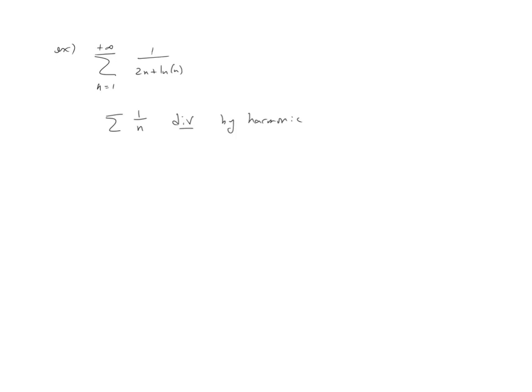All right, so now for the limit. As n goes to positive infinity, the original over the one that we came up with. And much like the last one, I'll just kind of flip this guy around. That's going to be the limit as n goes to positive infinity of n over 2n plus natural log of n.